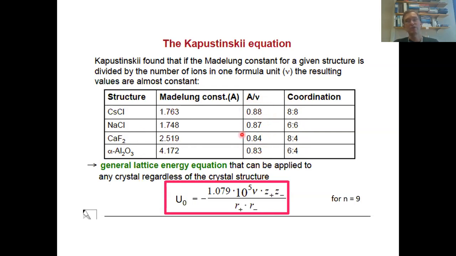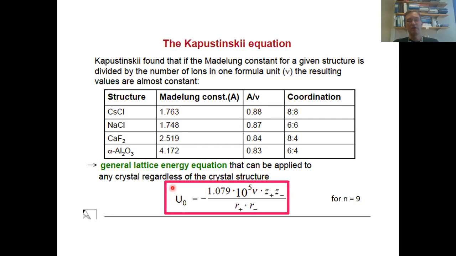Now we can just take an average of these values and replace the Madelung constant in the Born-Landé equation by the number of ions in the formula unit. That is, of course, much more convenient because we always know the number of ions in the formula unit, while we may not always know in which crystal structure our substance crystallizes.